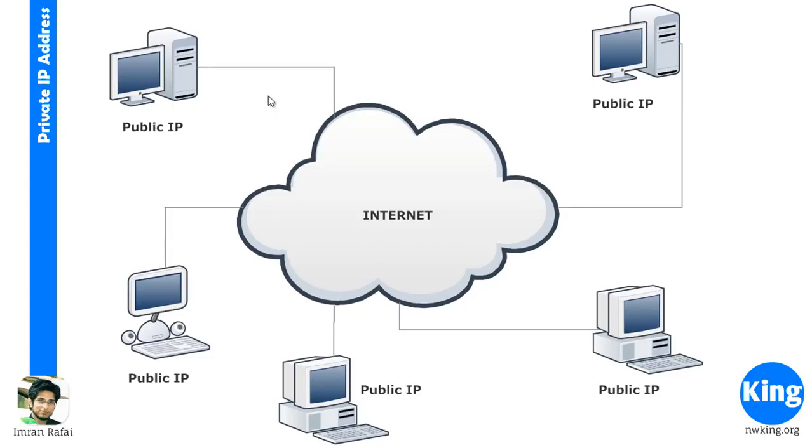So when NAT and public and private IP came about, it reduced the number of IP addresses that had to be assigned to each computer, and each computer in today's scenario does not have an IP address that is internet facing. So the whole design of the internet had to be changed when the IP version 4 addresses started running out.